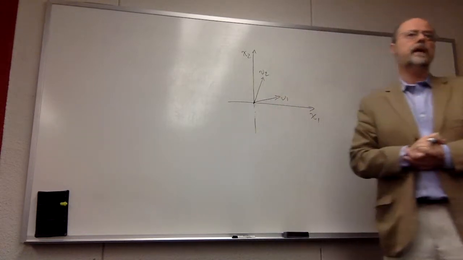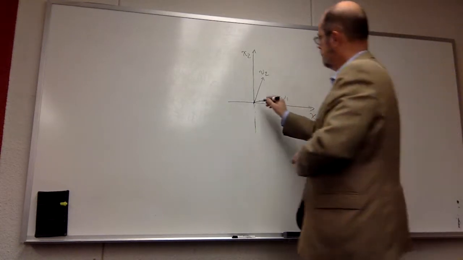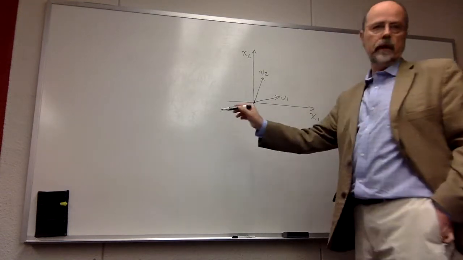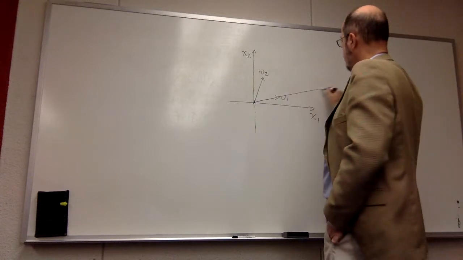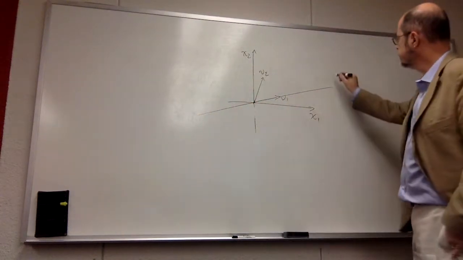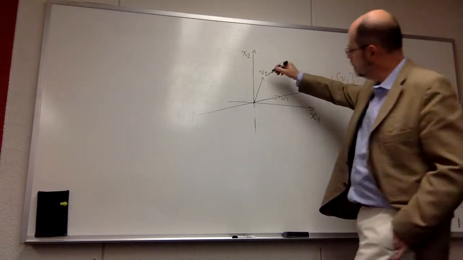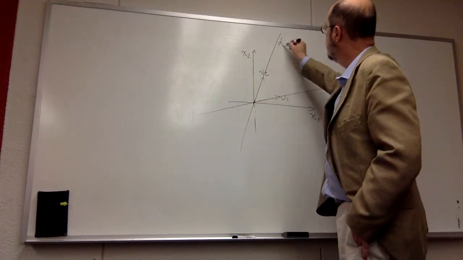They're not on the same line this time. Now, I can multiply V1 by any number, and I will then generate this space. And with V2, as we said before, I can generate this space.